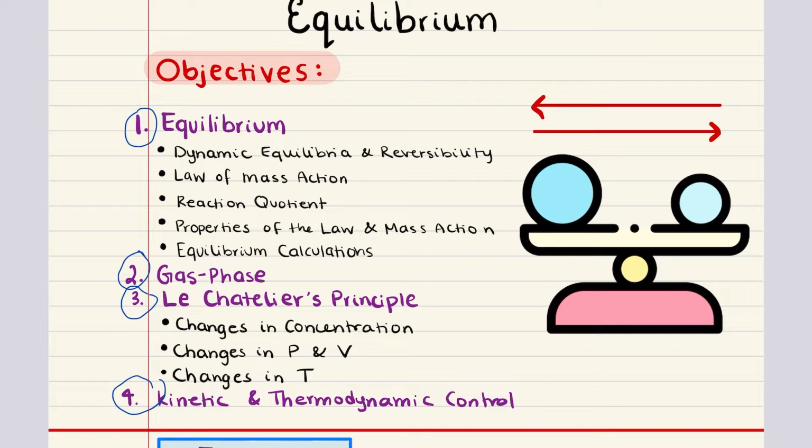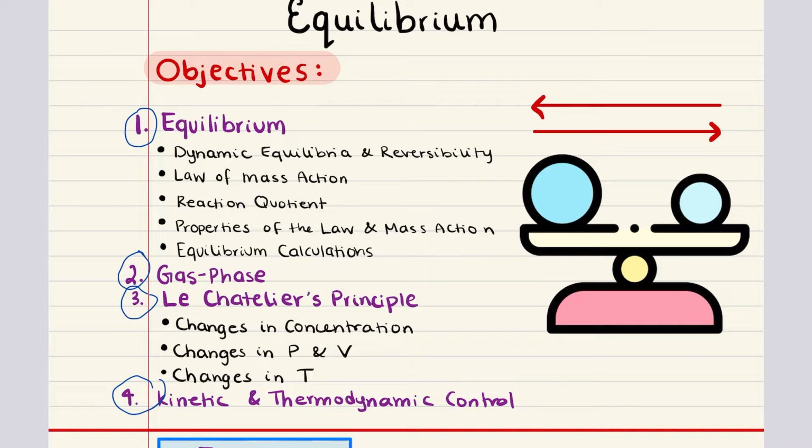On the other hand, equilibrium is concerned with the destination of a reaction. It describes the state at which the concentrations of reactants and products have become constant due to the forward and reverse reactions proceeding at the same rate.